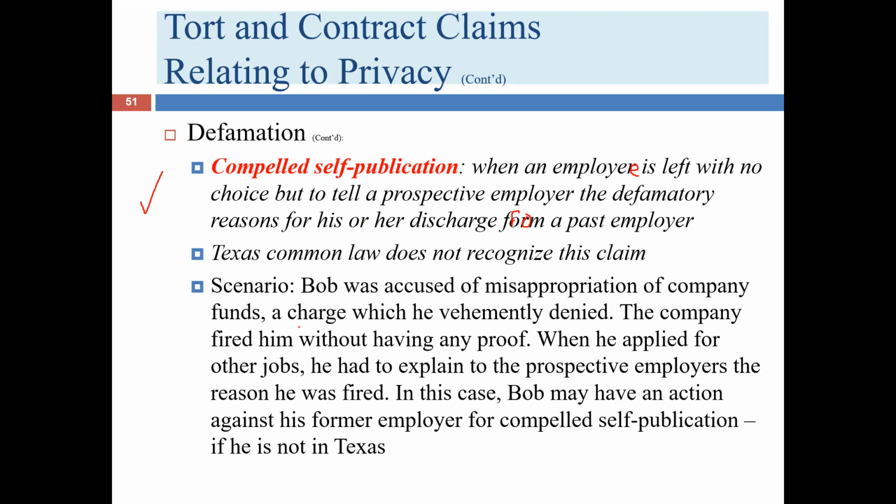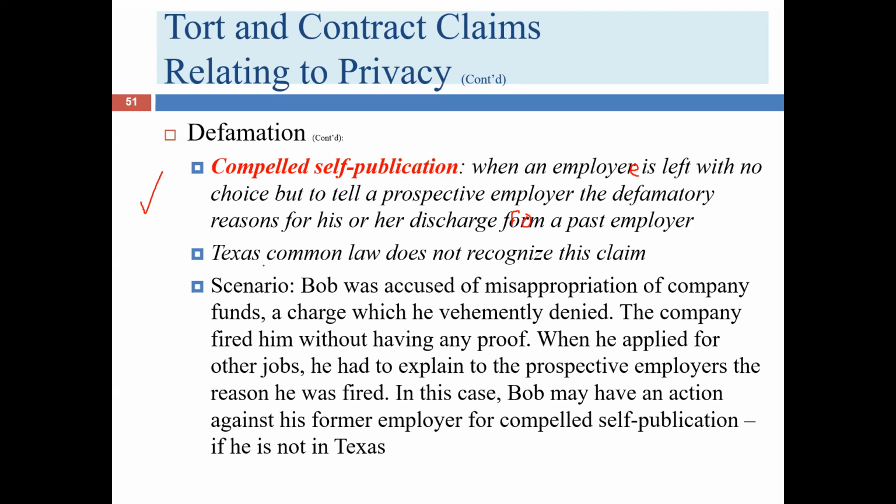And I'm not going to say that there aren't several other states, but it is a pretty far extending doctrine. It's a pretty stretched doctrine. I don't think there are very many courts that would find this a very compelling legal argument. But again, if you are representing clients who do business in other states, it would always be a good idea to be aware of what your particular state's laws are about compelled self-publication.